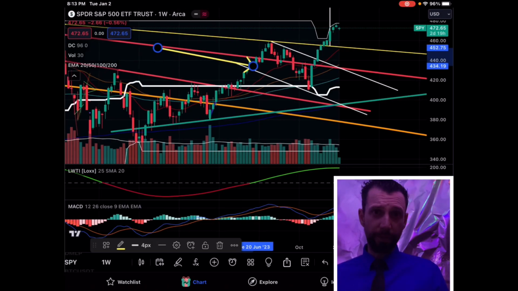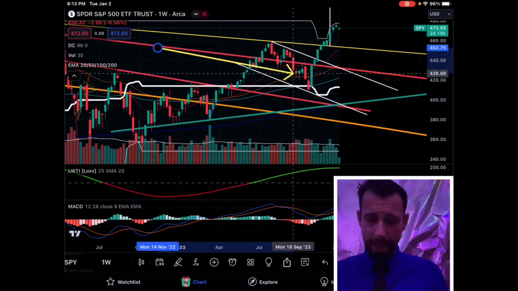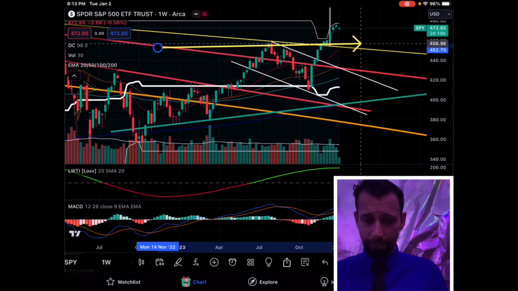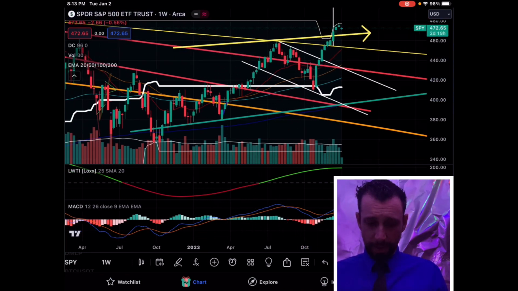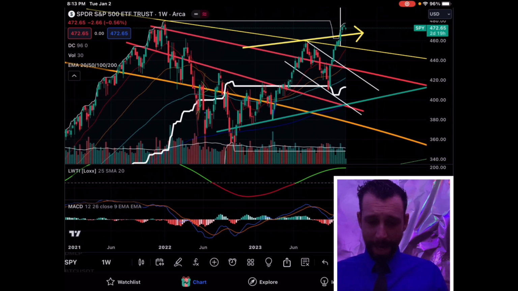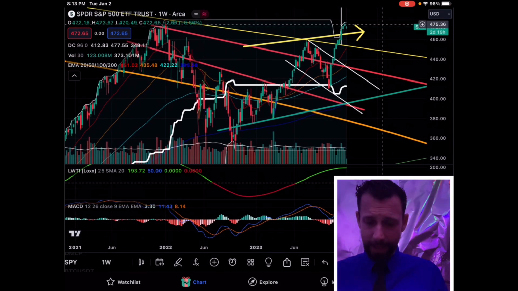I want to take a very brief look at the S&P 500 now, because this is going to be absolutely crucial to understand what might be happening in the rest of the market along with the dollar. So as you can see, the S&P 500 has been moving up. We're very, very close to coming up to our all-time high again, although we are not quite there yet.